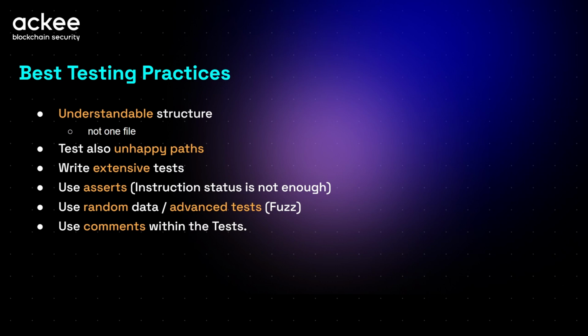It is great that you have these extensive tests, but for me as an auditor, it is really hard to understand the test logic, and whether you test the instructions and your Solana program correctly.